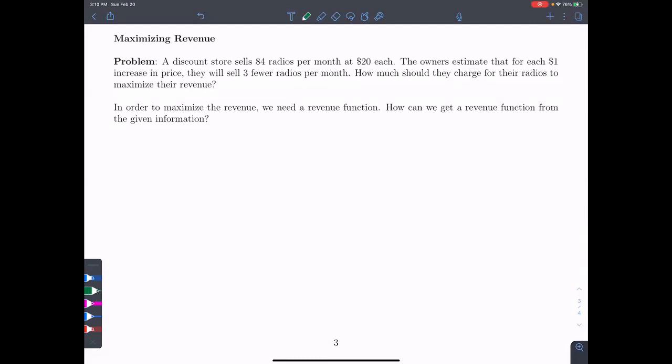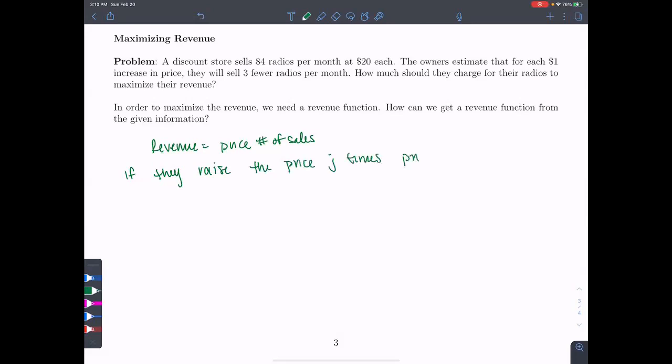Okay, so we need a revenue function. How do we get that from the information? So revenue is going to equal price times the number of sales. So if they raise the price J times, the price is going to be $20 plus 1 times J, and the number of sales would be equal to 84, which is what they normally sell at $20 a month.